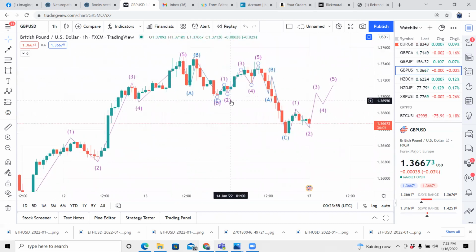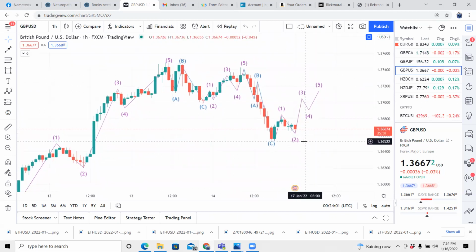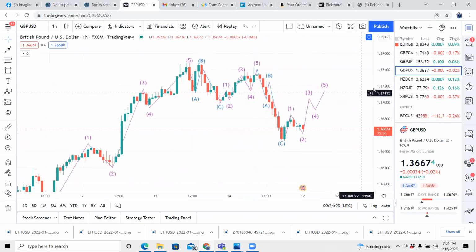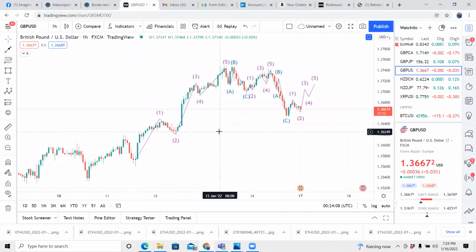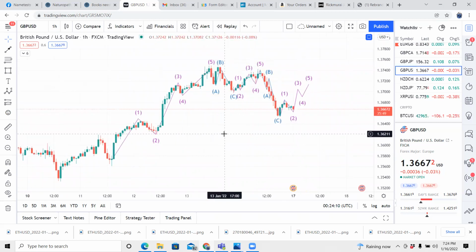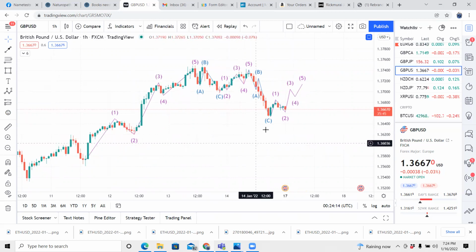A, B, C connected to the 1, 2, 3, 4, 5. A, B, C. And then we go back to what? That was beautiful. Look at that, okay? And we can continue following and continue following. This is one of the best ways I find I like to mark up the charts.